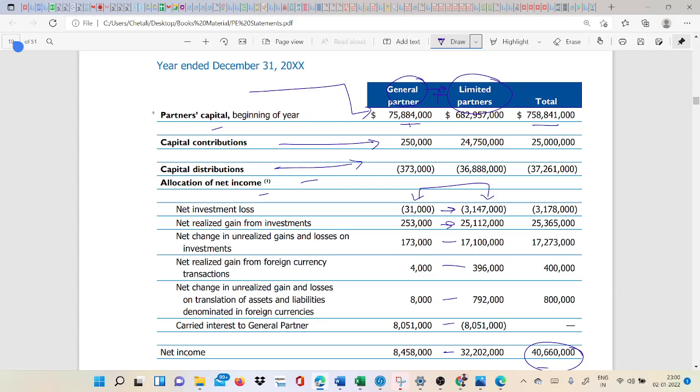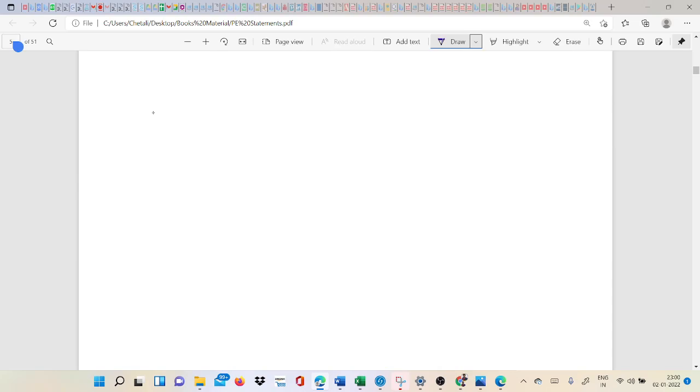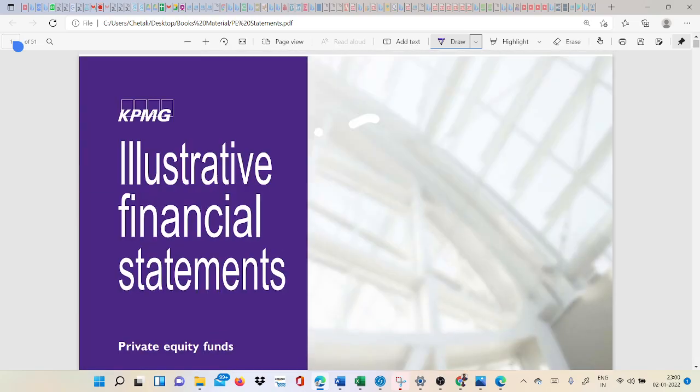If you see the total here, so what you can understand, we'll have to allocate each and everything to the respective investor's account, because that is not our assets.